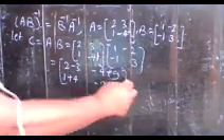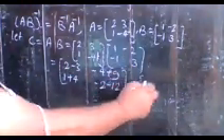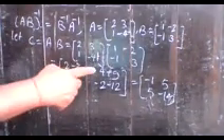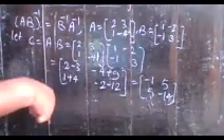Second row, second column, you have minus 2 and 12. So overall, you have minus 1, 5, 5, and minus 14. Check it. So the value of C matrix is minus 1, 5, 5, and minus 14.